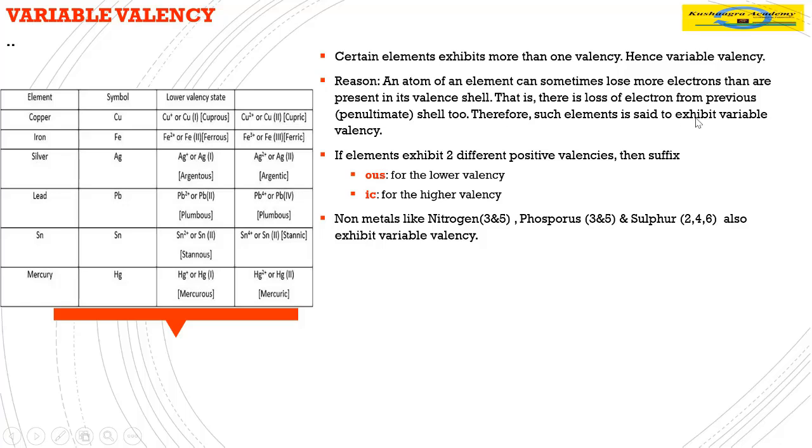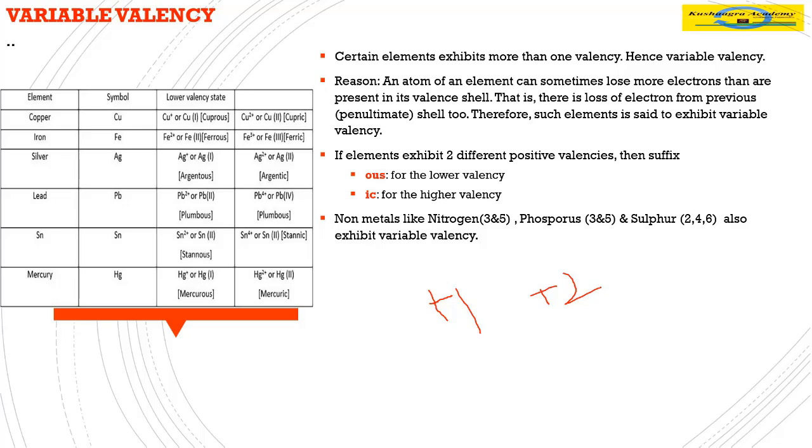and therefore such an element is said to exhibit variable valency. Now if an element shows two different positive valencies, then the suffix would be OUS for the lower valency and IC for the higher valency. For example, copper shows two types of valency, +1 and +2. So what would be the suffix for +2?